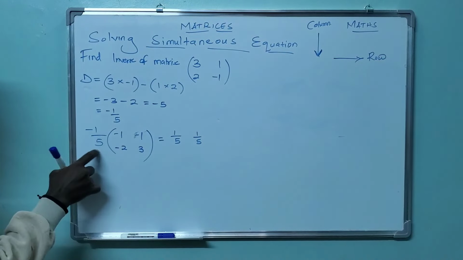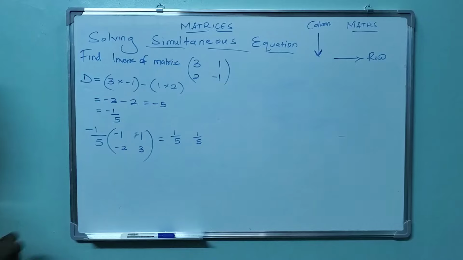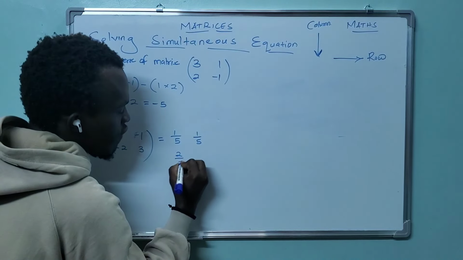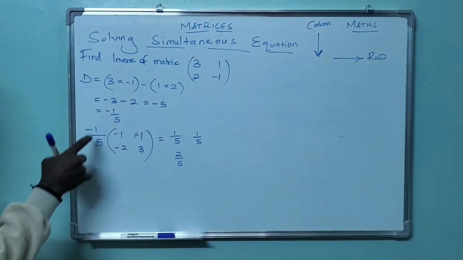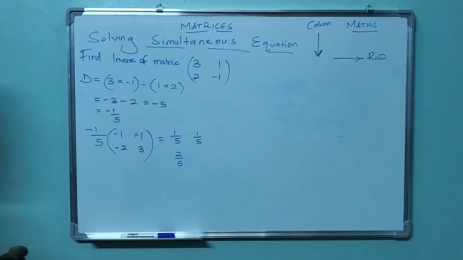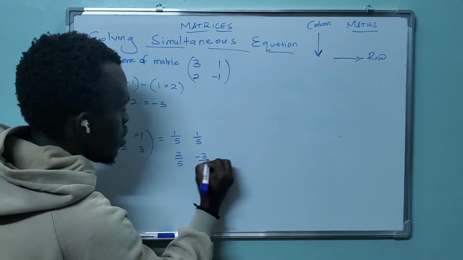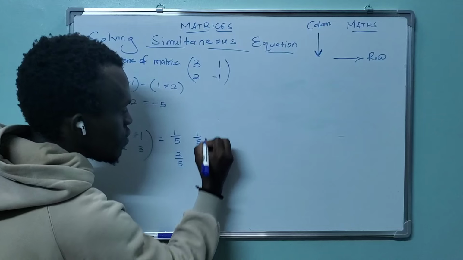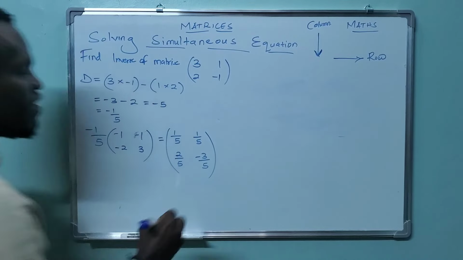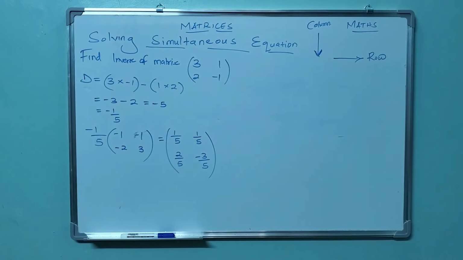Then -1/5 multiplied by -2, which gives 2/5. Then -1/5 multiplied by 3, which gives -3/5. And that is my inverse.